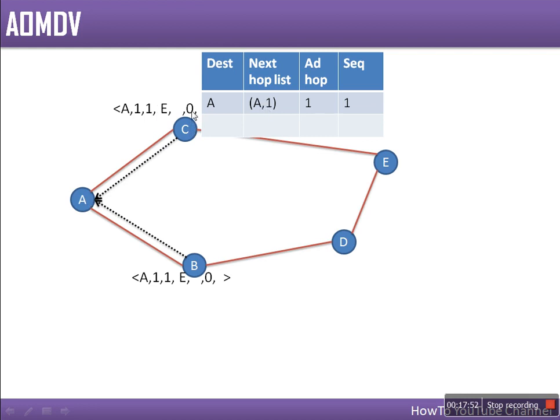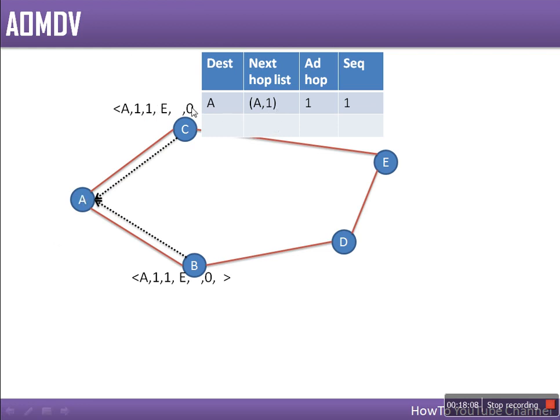And C will also find out that this packet is coming from this node, and this node is zero hops away from node A. So from C this node will be one hop away.